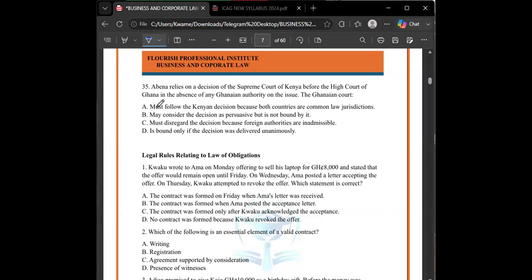The Ghanaian court: A, must follow the Kenyan decision because both countries are common law jurisdictions. B, may consider the decision as well persuasive, but it is not bound by it. C, must disregard the decision because foreign authorities are inadmissible. And D, is bound only if the decision was delivered unanimously. So I will go for B.